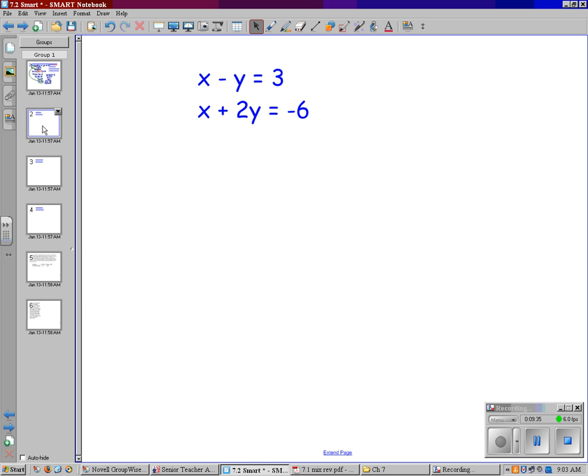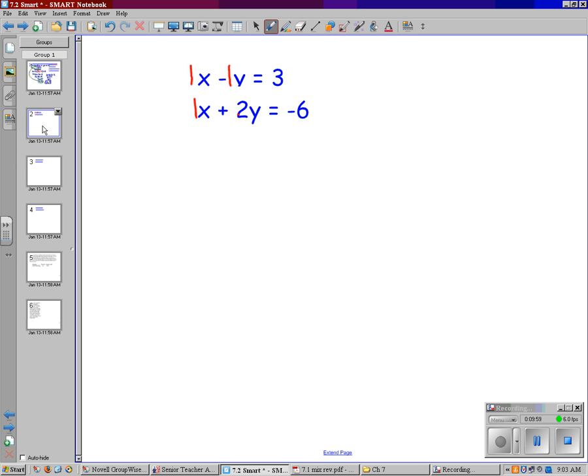I would caution you to always look for those variables that have a 1 as the leading coefficient to solve for. I would not solve for the y that's with the 2 up here because that's going to cause me to have fractions.